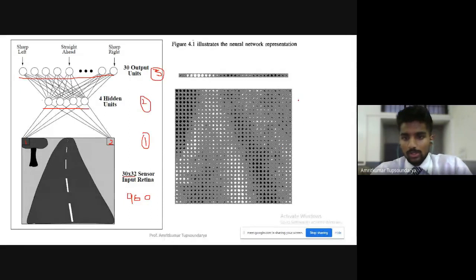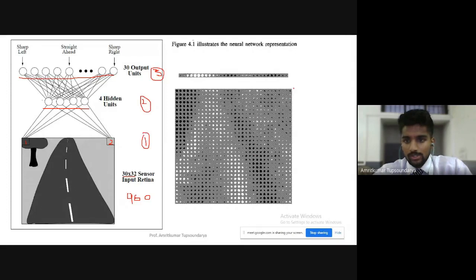Now, here you can see there is a weight matrix, or weight magnitude representation. There is a diagram for all the 960 pixels here. You can see a few white dots, a few black dots, some bigger white dots, some smaller white dots, as well as bigger black dots and smaller black dots. White denotes a positive output, the output that we are looking for, and black denotes the negative.